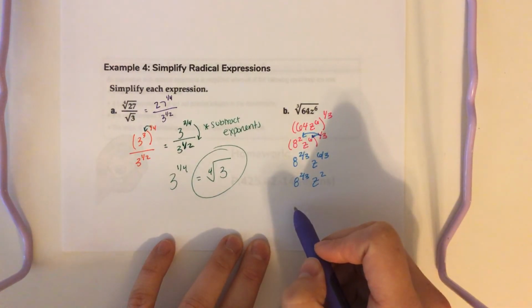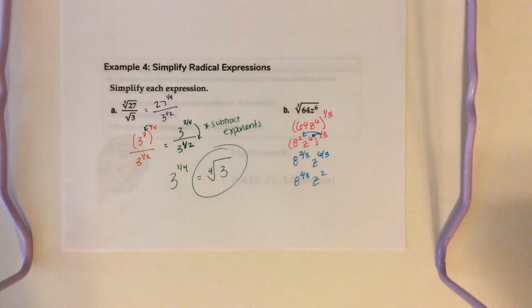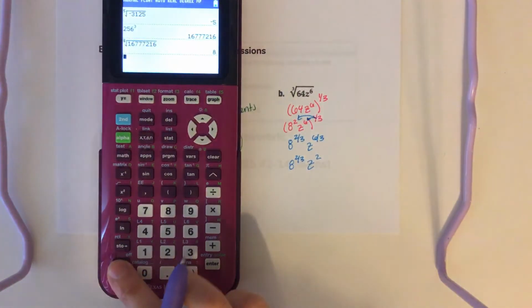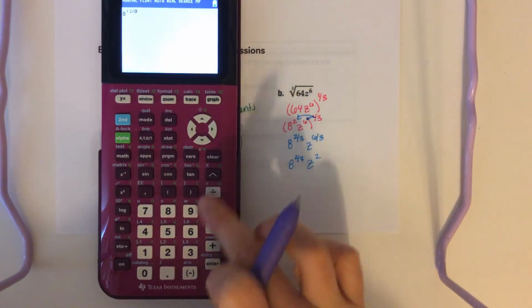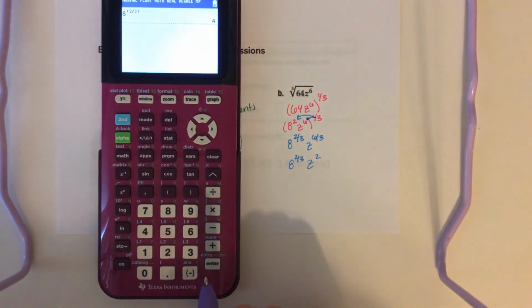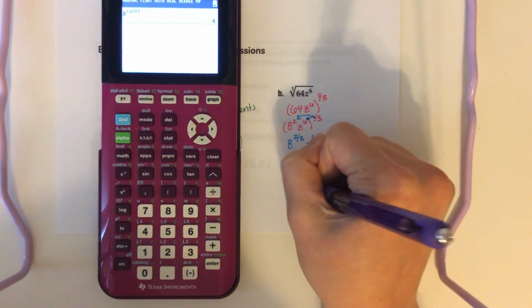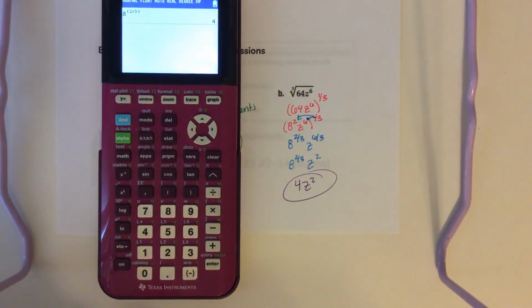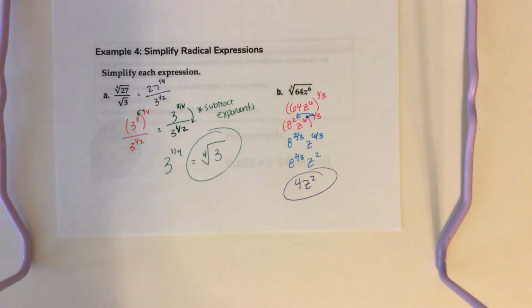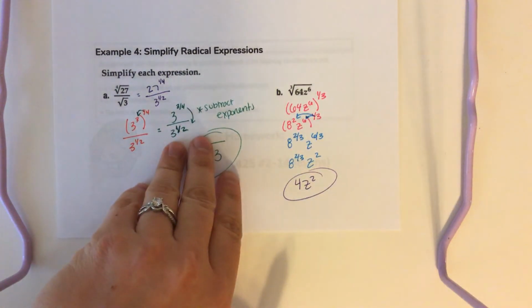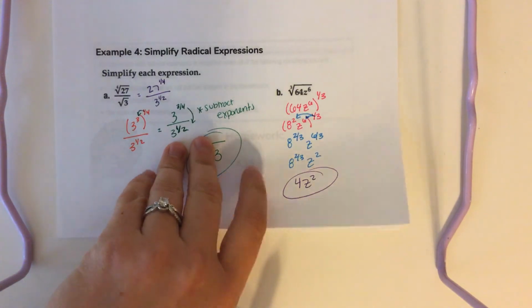So I could split it up and do it that way, or I could just type it into my calculator and say 8 to the 2/3 power is just 4. So my final answer is 4z squared. And that's how you can use your calculator to your advantage there.